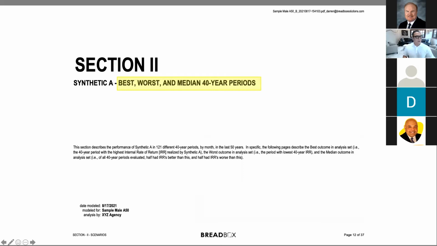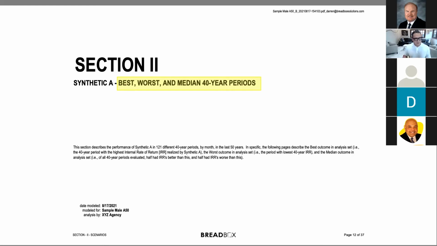Okay. The other cool thing about the Breadbox report is it shows a range of outcomes. Again, we run this through 121 different 40-year periods. We just looked at the most recent one. And what we're going to look at next here is the best 40-year period, the worst 40-year period, and the median 40-year period.